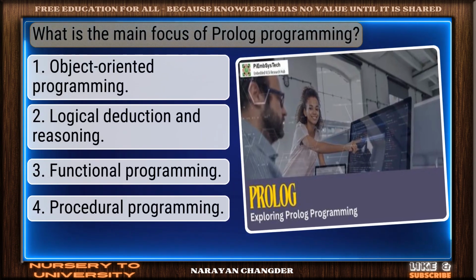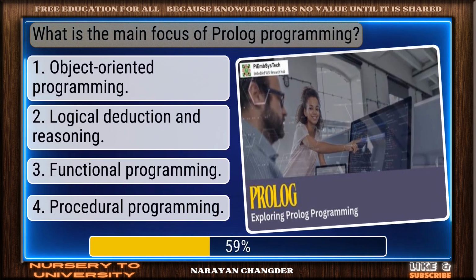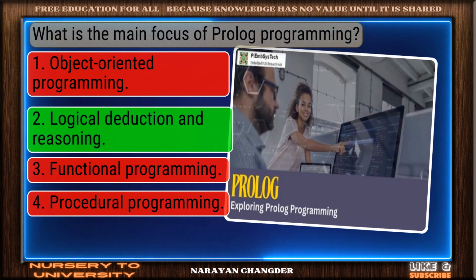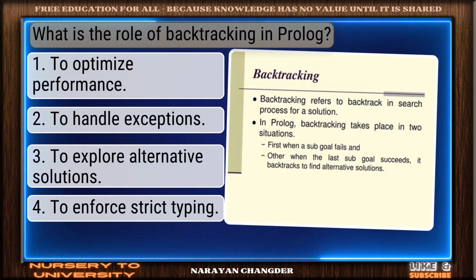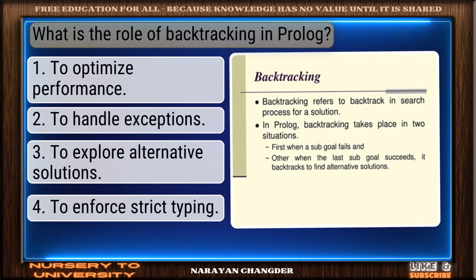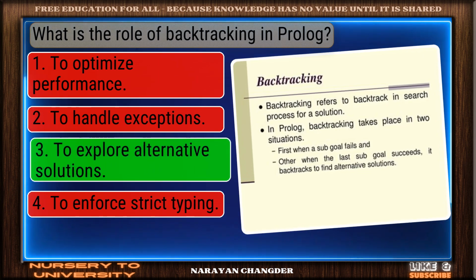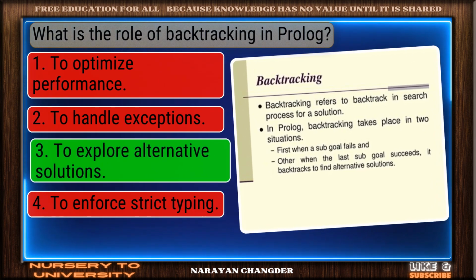Question number 25. What is the main focus of Prolog programming? Smart move. Logical deduction and reasoning is an accurate answer. Question number 26. What is the role of backtracking in Prolog? Good thinking. To explore alternative solutions is the right answer.